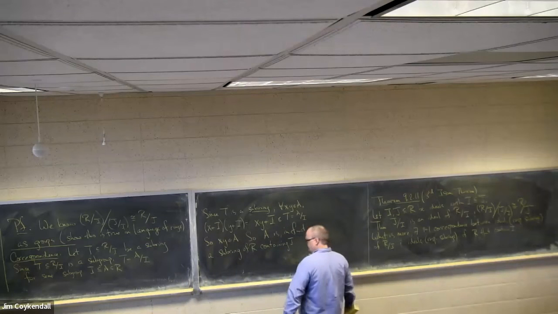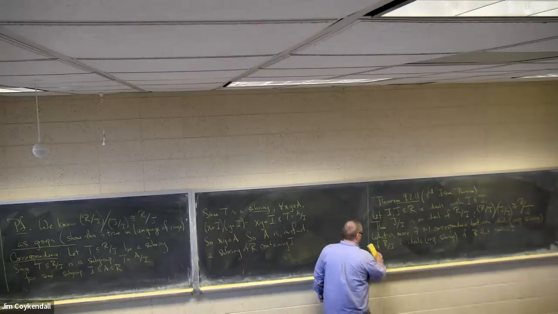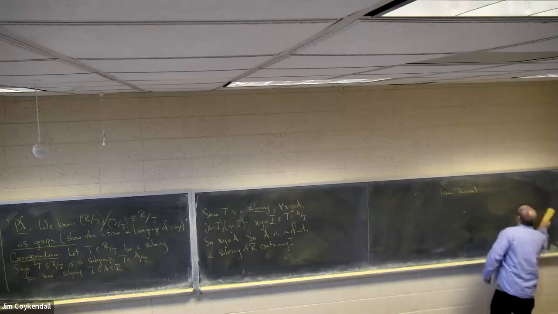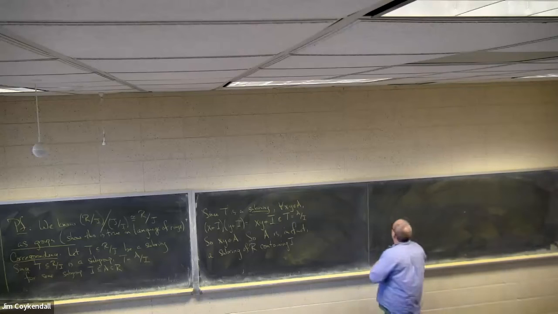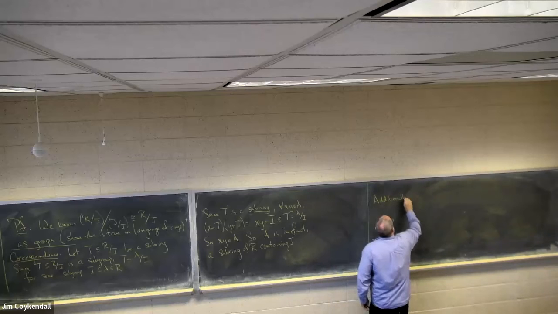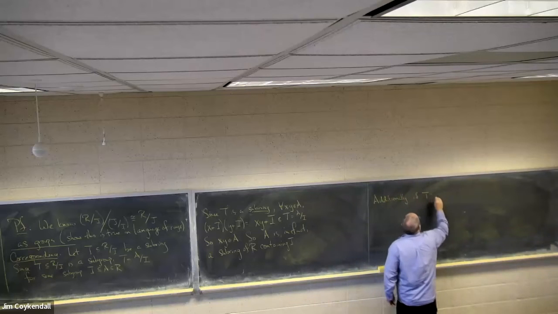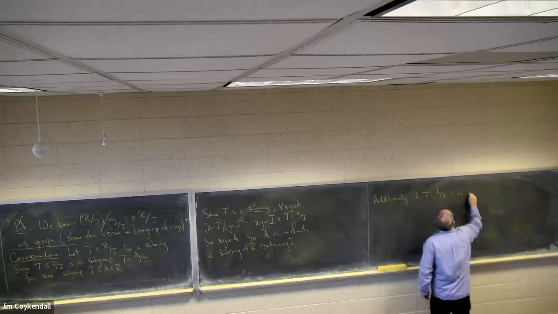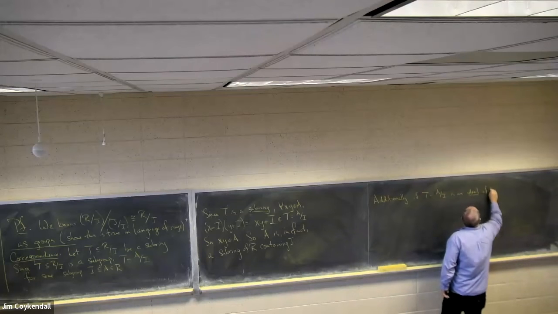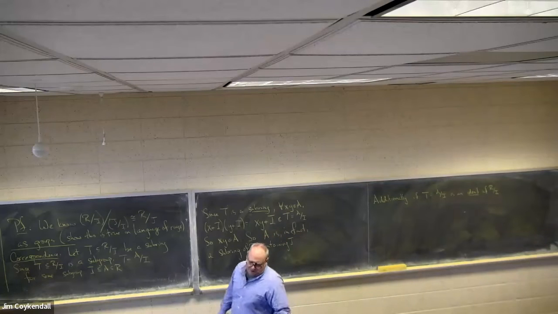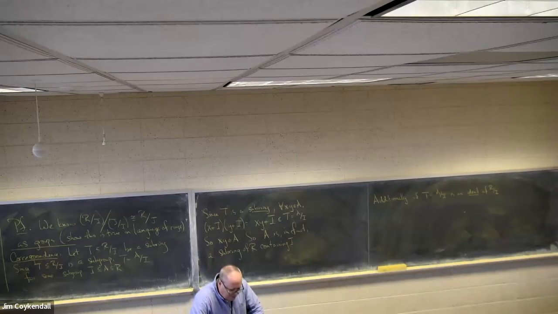Now, let me take this a step further. What if T is a little stronger? So we'll say additionally, not just a subgroup, not just a subring, let's suppose that T is in fact an ideal.